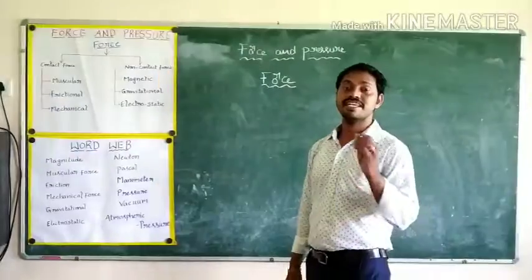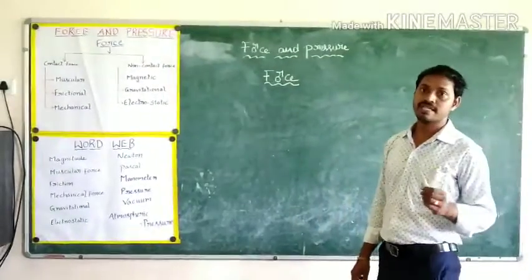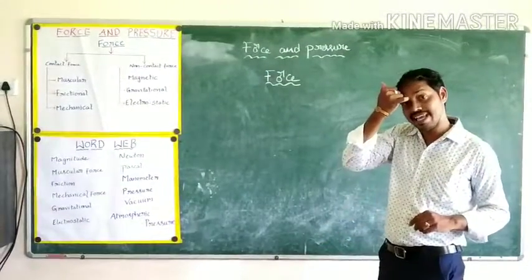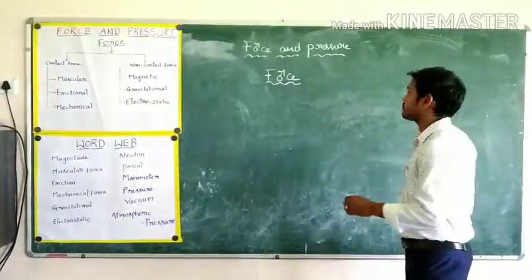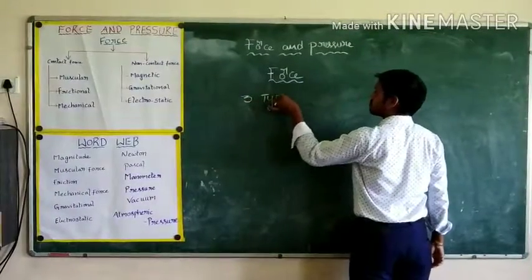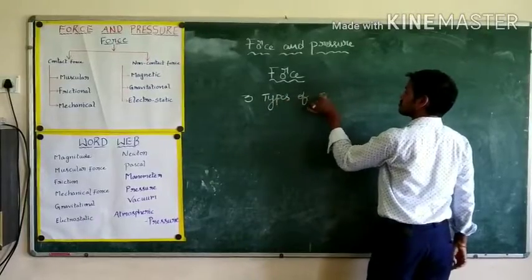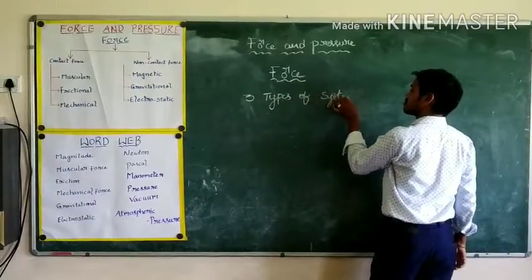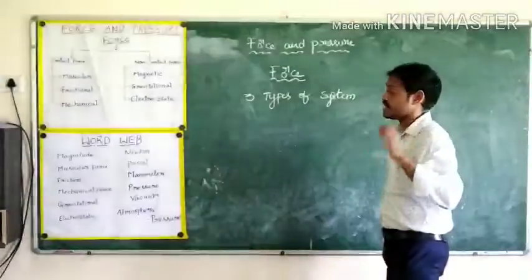Mainly, we have three types of systems to measure these fundamental quantities and derived quantities.